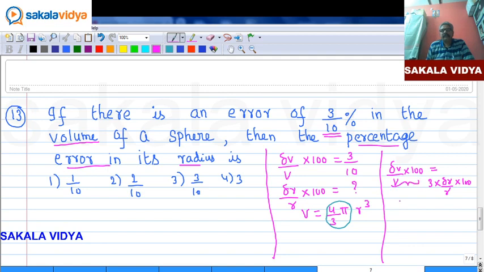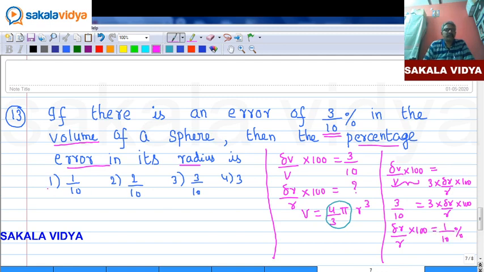Already this is given 3 by 10. So 3 by 10 equals 3 into delta R by R into 100. So 3 gets cancelled. Delta R by R into 100 is equal to 1 by 10%.